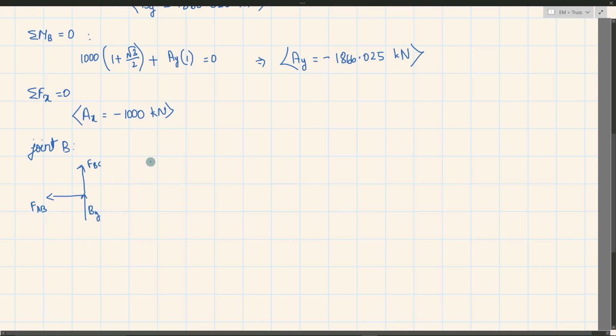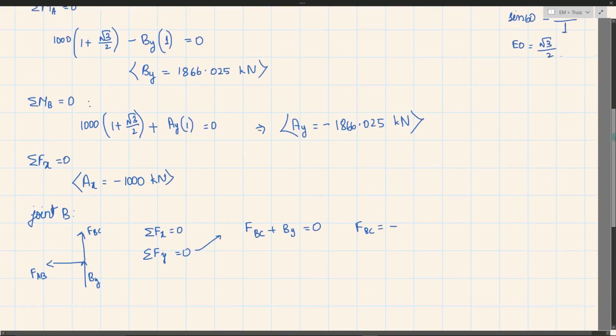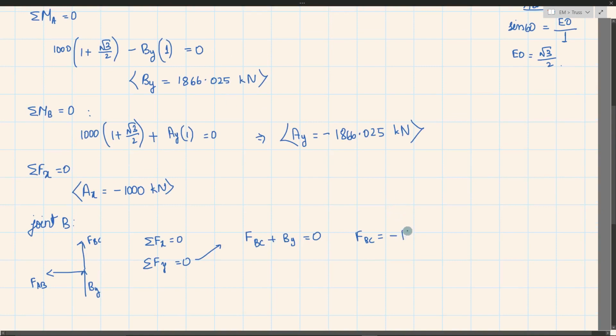So I can apply sigma Fx equal to 0 and sigma Fy is equal to 0. Applying sigma Fy, I can write FBC plus BY is equal to 0. FBC is equal to minus BY, which is nothing but minus 1866.025 kilonewton. Okay, and for sigma Fx, there is only one horizontal force, which means that FAB is equal to 0.